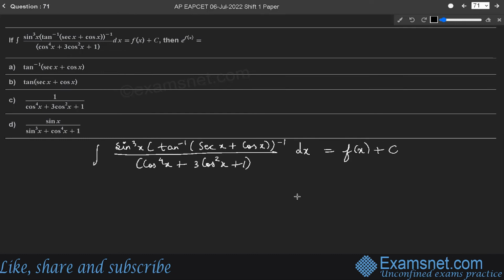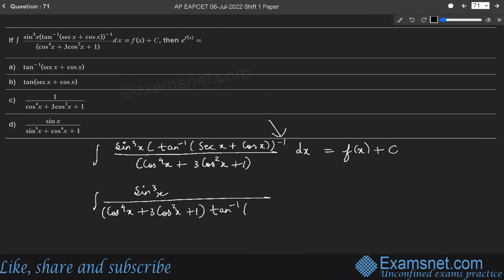See, this function can be written as integral of sine cube x. Since this term is in inverse, it will go to the denominator. So it becomes cos power 4x plus 3 cos square x plus 1 into tan inverse sec x plus cos x and dx. Let this be equal to I.